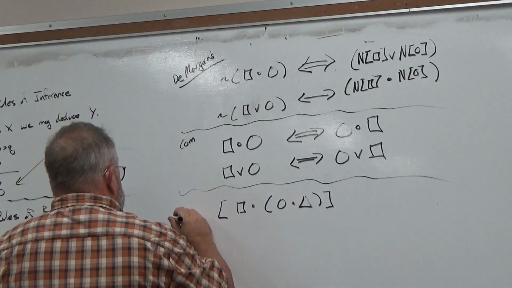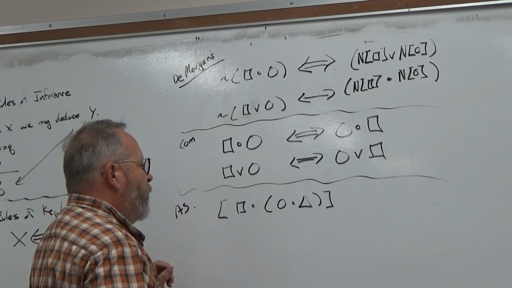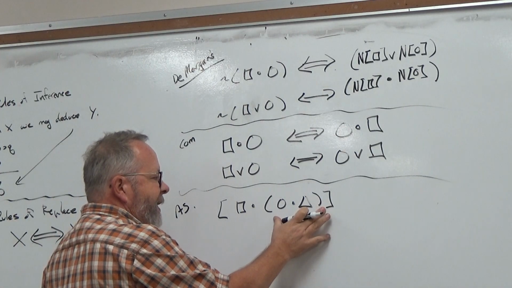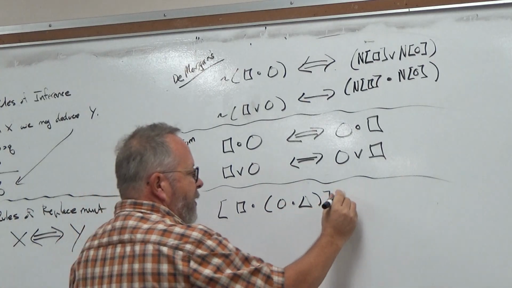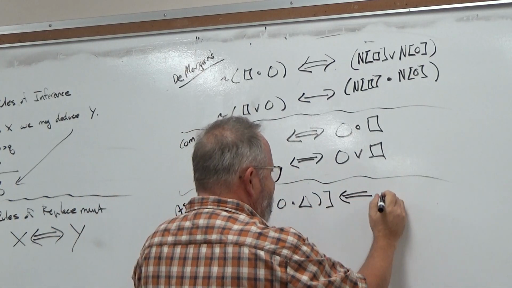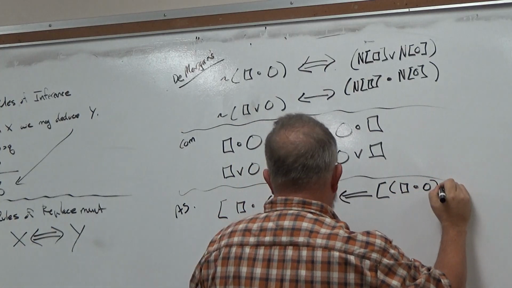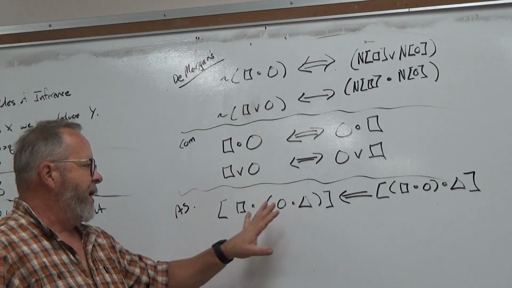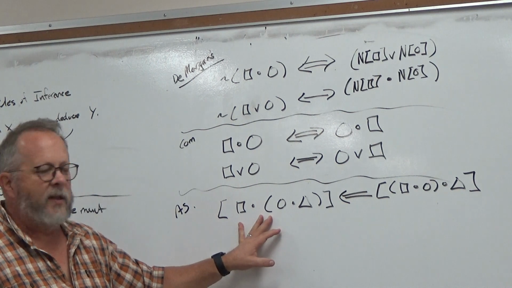This is associativity. So what I can do is change the brackets. I can move the brackets and associate the circle with the box. So if I had this, I could replace it by box and circle and triangle. All I did is move the brackets over. Does everybody understand that? That's all I did.